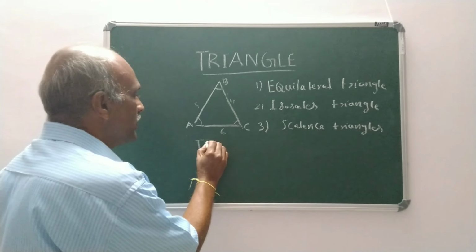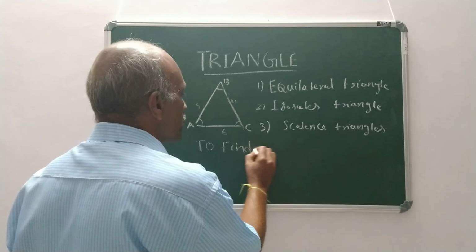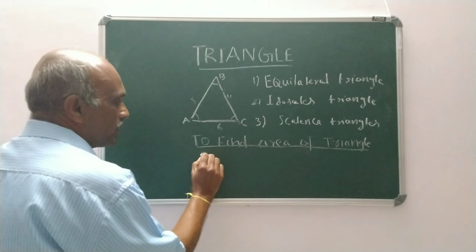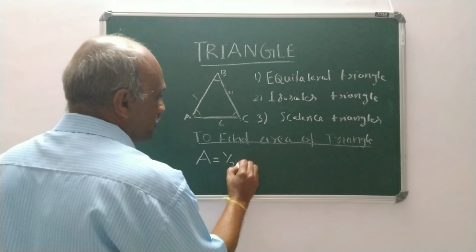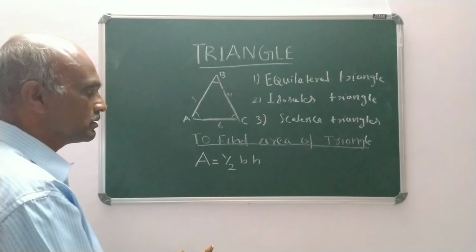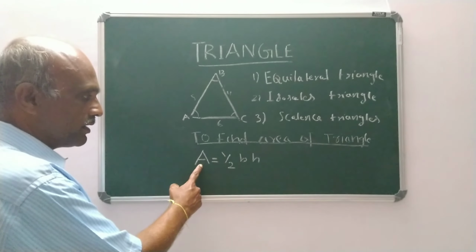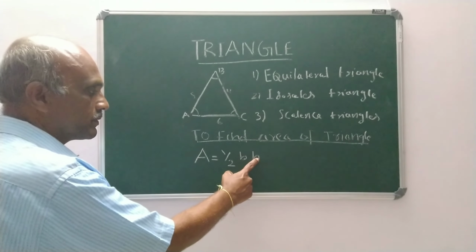To find the area of a triangle: the area of any triangle, A, is equal to half into base into height. The area of a triangle is represented by A, that will be equal to half into base into height.